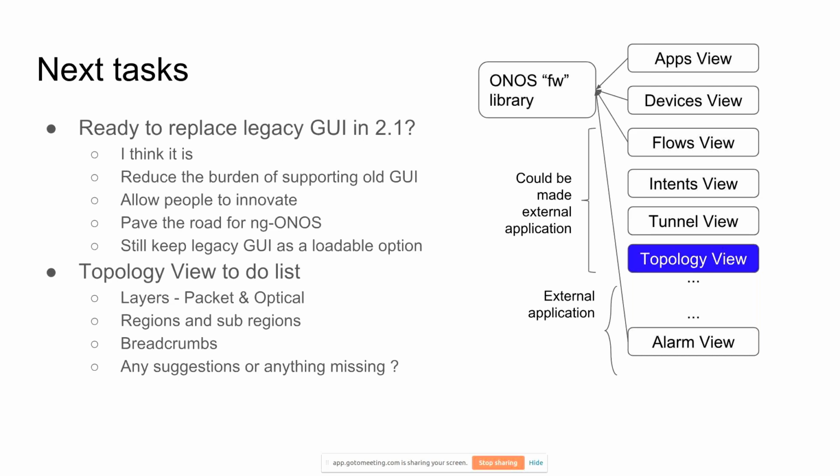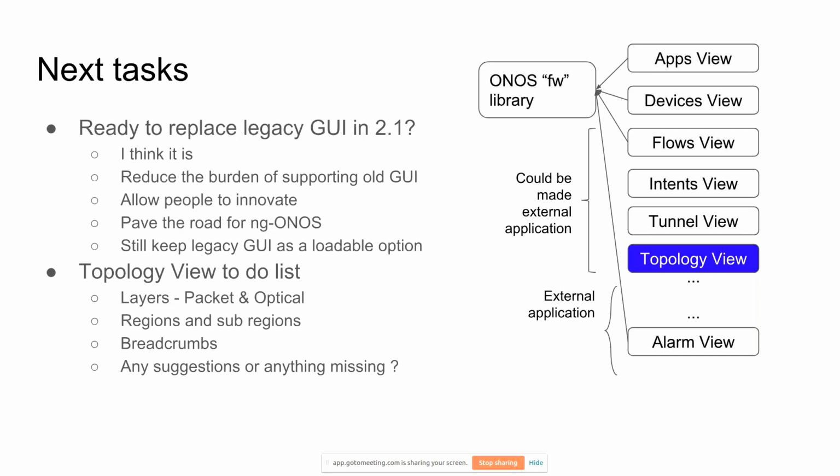Yeah, so I would argue that unless you made this the default UI, most people will never know about it, right? Most people aren't going to install the new GUI and go to it. They're just going to start ONOS and go to whatever GUI I get by default. So unless we make it the default, no one's going to really notice, to be honest. The other issue is all the documentation currently in the wiki and everywhere else that shows UI snapshots shows the old UI.